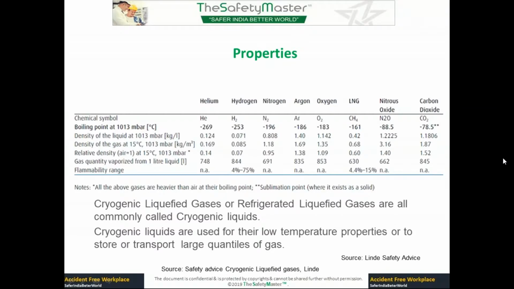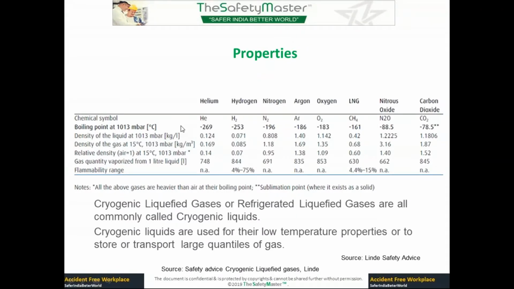Yes, it is audible. So again, I come back to the properties of hydrogen, nitrogen, argon, and oxygen in comparison with LNG, nitrous oxide, and carbon dioxide. Your boiling points are given here, and then you have the flammability range: for hydrogen it is 4 to 75%, and for LNG it is 4 to 15%.